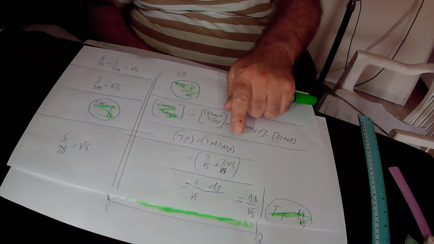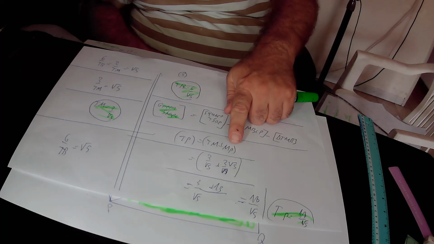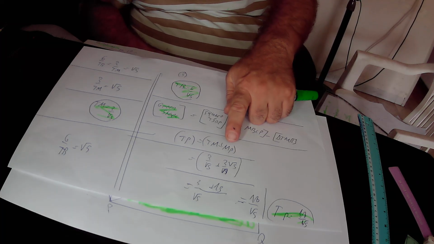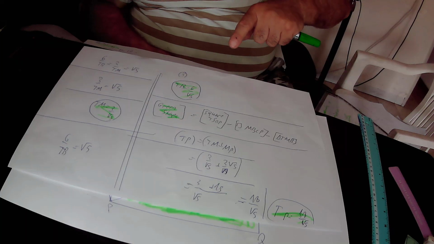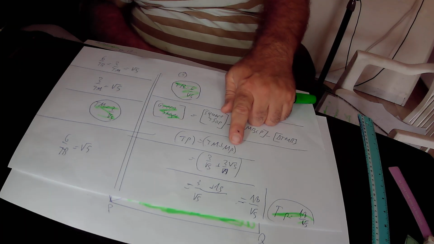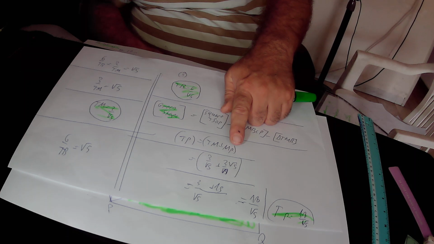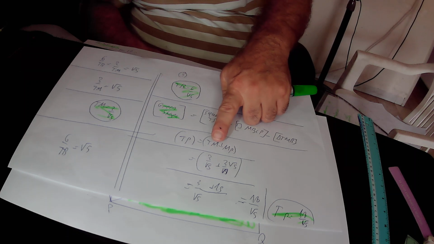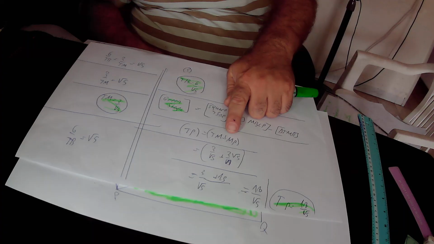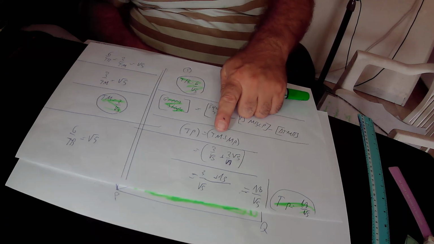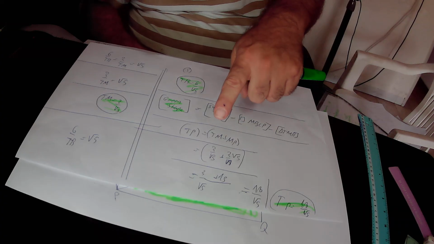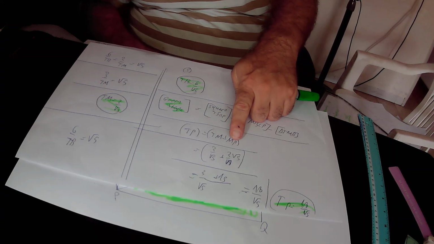So we have 3 over square root of 5 plus 3 over square root of 5 plus 3 times square root of 5. We multiply this last term by square root of 5 and then divide by square root of 5 in order to get a common denominator.